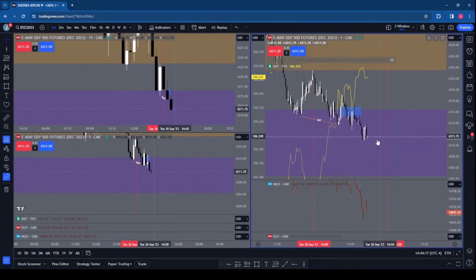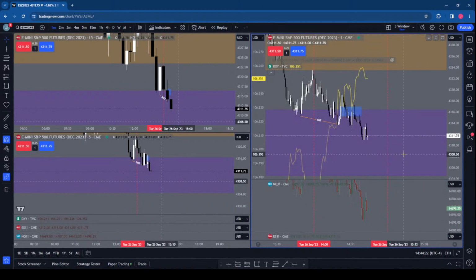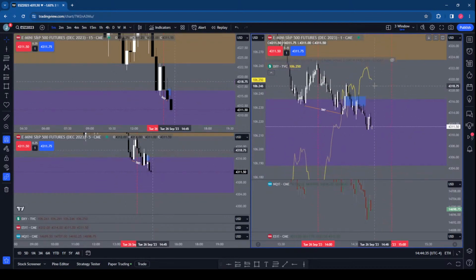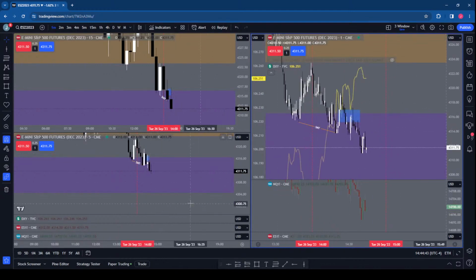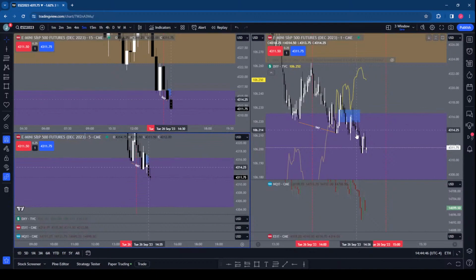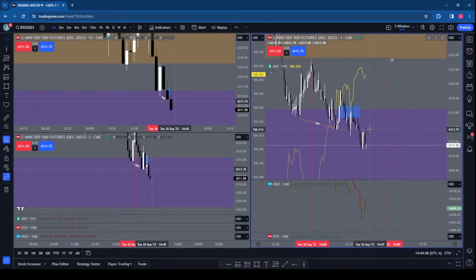This could just be it for the day. I'll stick around just to watch if we see anything that sets up, but right now I'm not seeing much.